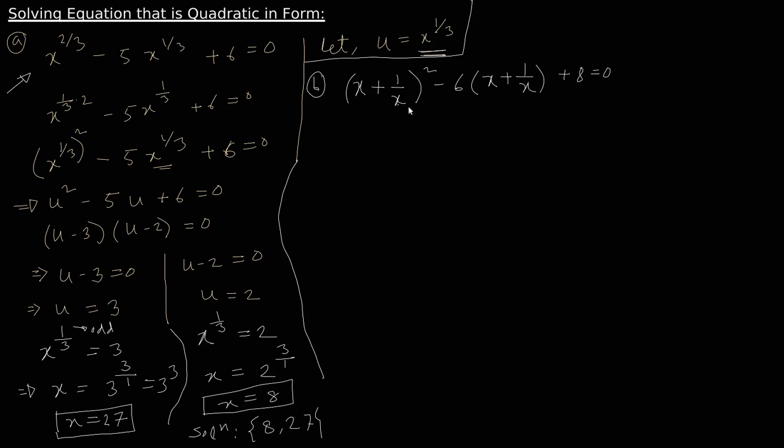Okay, so this is my original equation. So of course I'm going to try to use substitution. First of all, I'm going to assume that u equals x plus 1 over x. So if I substitute, what I get is u squared minus 6u plus 8 equals 0.